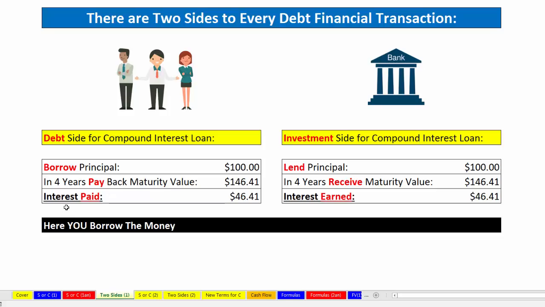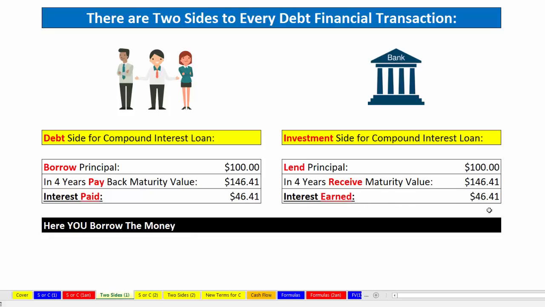And the interest paid is $46.41. But that's us. The bank looks at it from the other side. It's an investment. And this is the investment side for the compound interest loan. The bank lent out the principal, $100. In 4 years, they receive the maturity value.